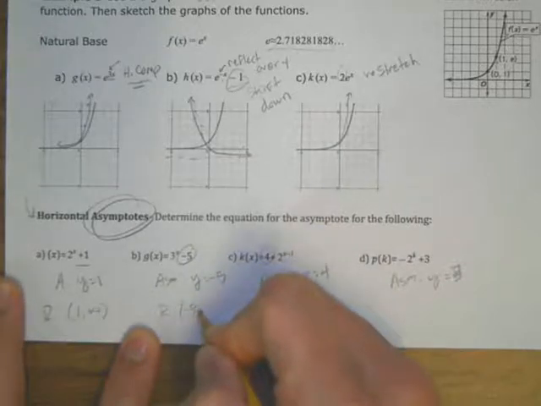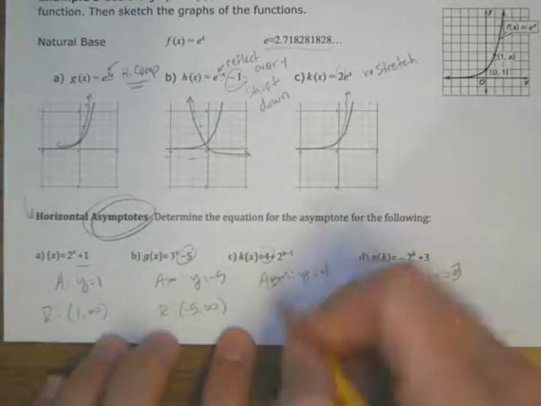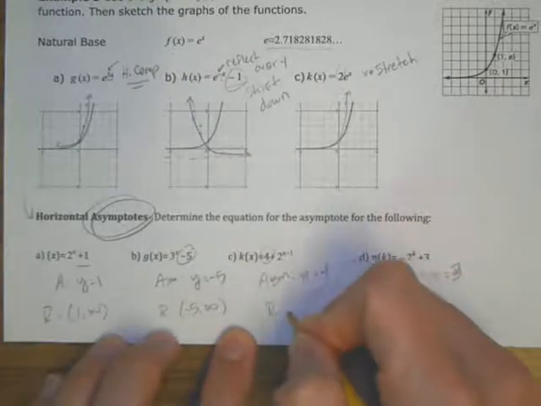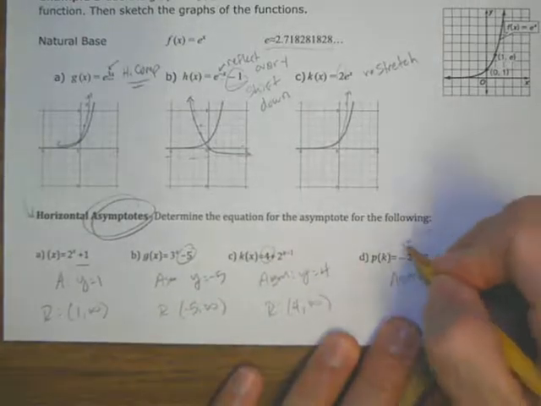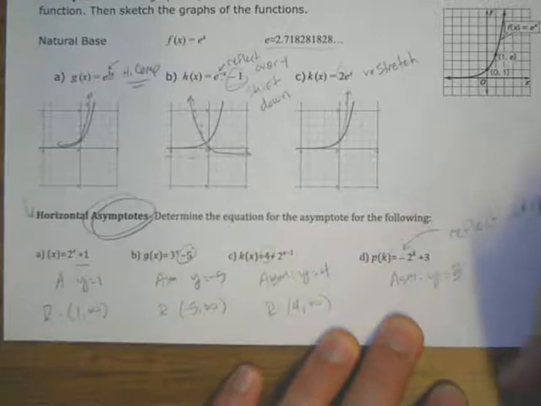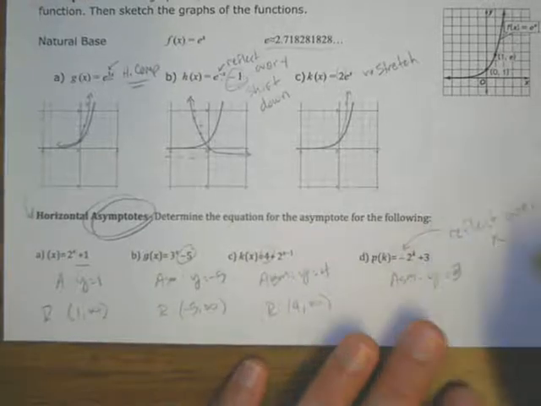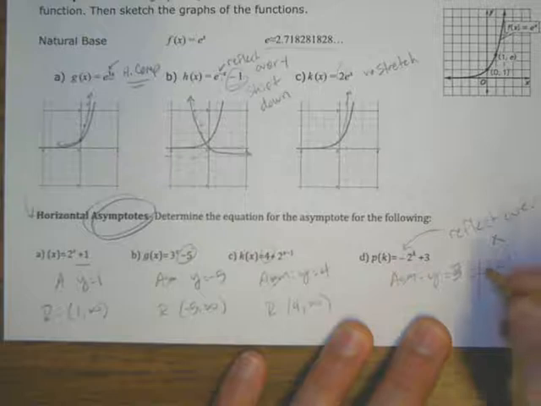And then be careful on this last one. What else happened here? Reflection over x, which means it now is up 3. Here's our asymptote, but it's going this way. Paying attention is helpful. So this range is -infinity to 3.